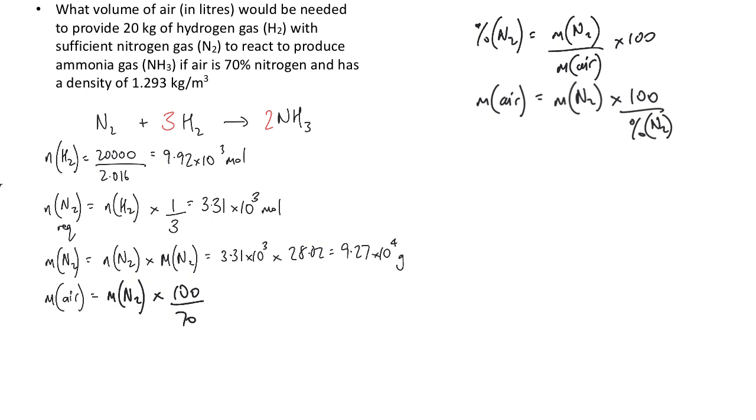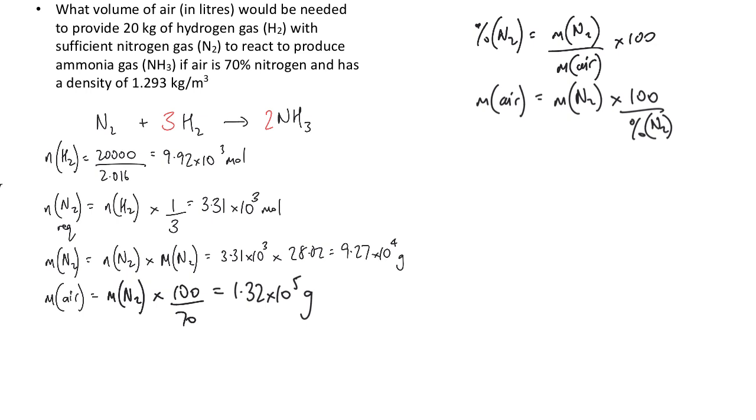That's the rearrangement of that equation, and that's what we did here. So that value is 1.32 times 10 to the 5 grams, which is a lot. That's grams, but we need that in kilograms.